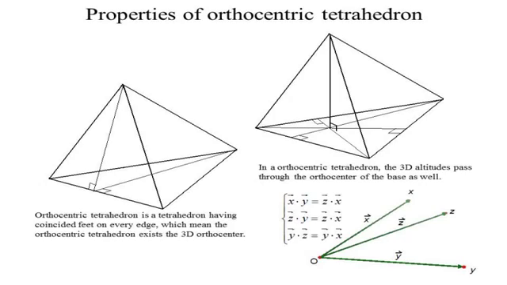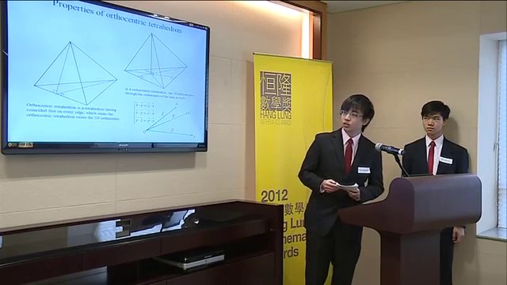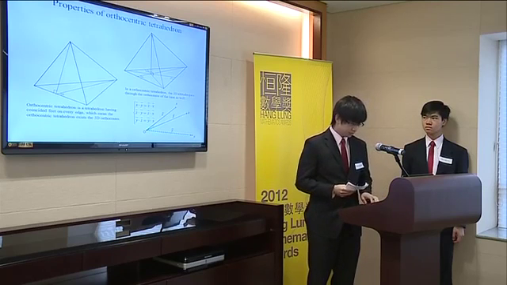In an orthocentric tetrahedron, the 3D altitude passes through the orthocenter as well. And if you use vectors to represent an orthocentric tetrahedron, it has this property.